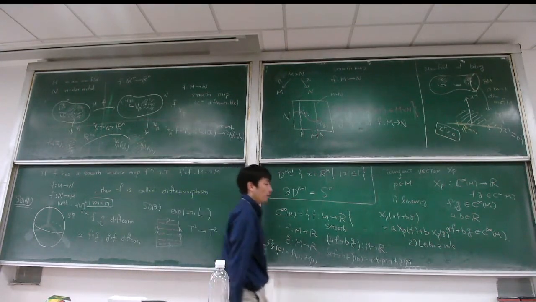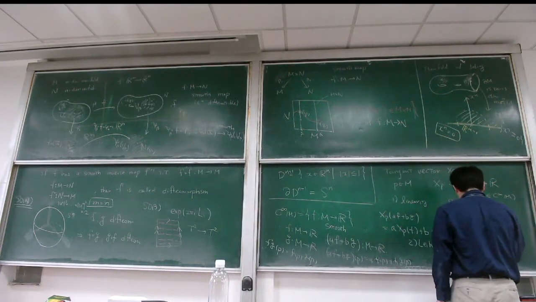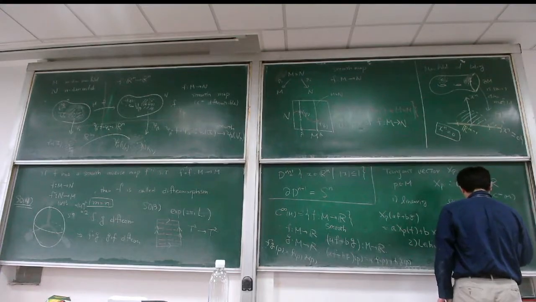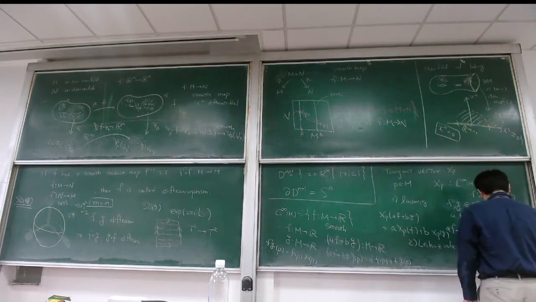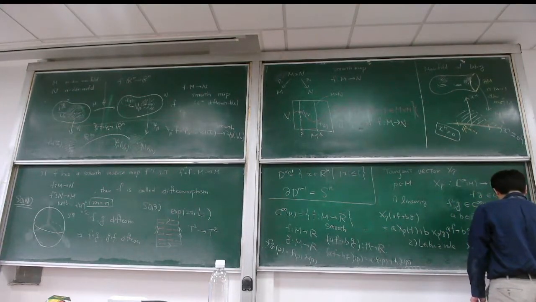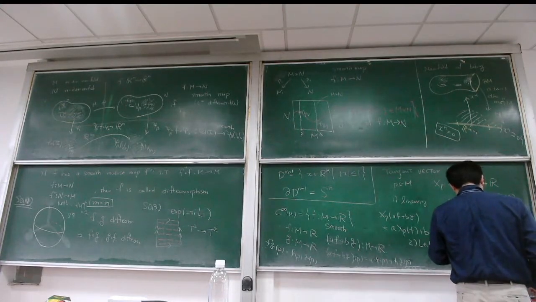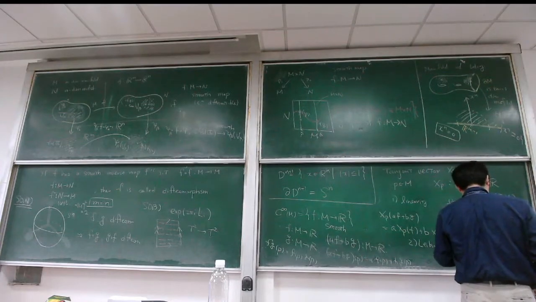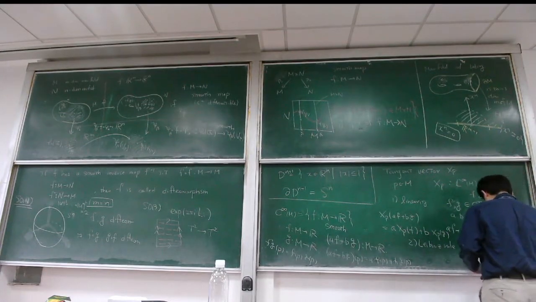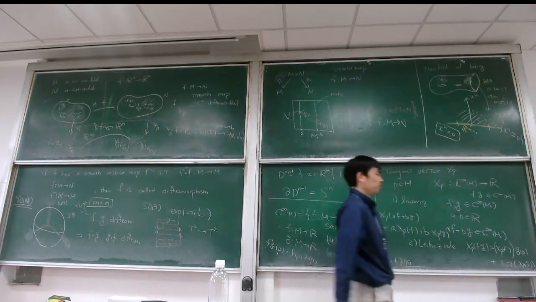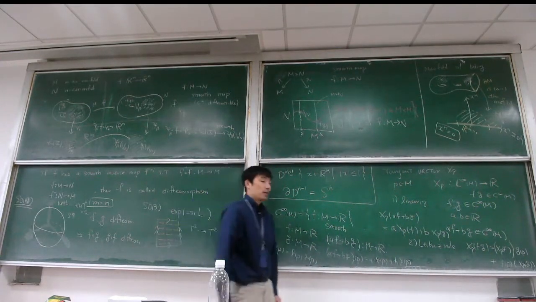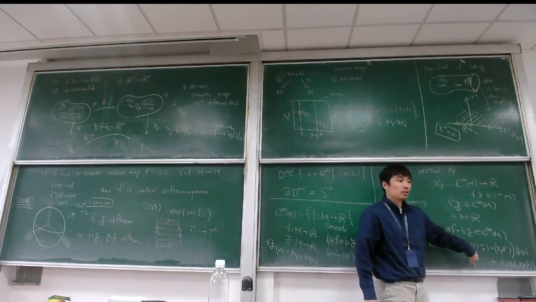So therefore, the Leibniz rule is that Xp satisfies this, which is called the Leibniz rule.